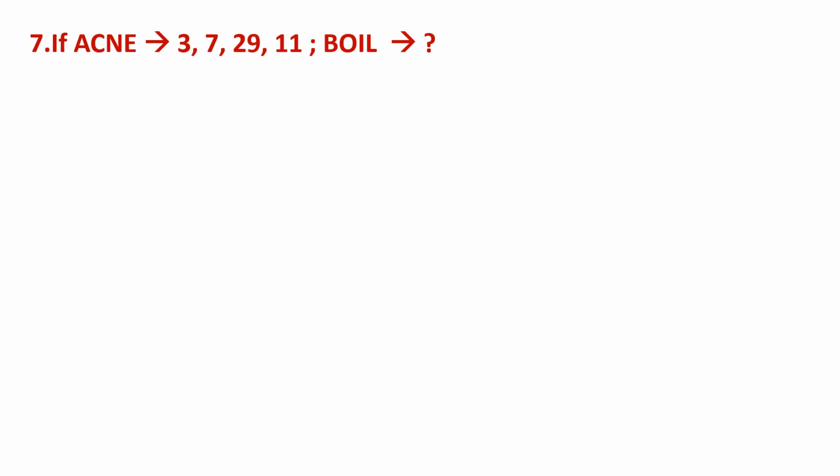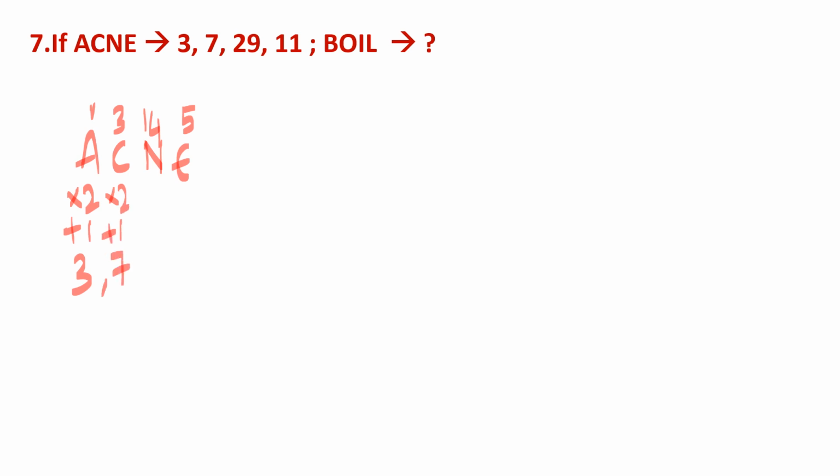ACNE is coded as 372911. Actually A is 1, C is 3, N is 14, E is 5. 1 into 2 plus 1 is 3. 3 into 2 is 6, plus 1 is 7.